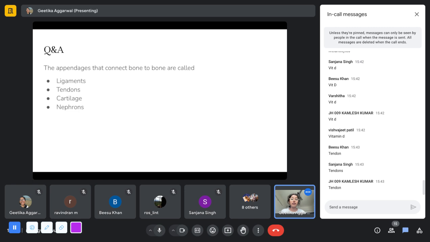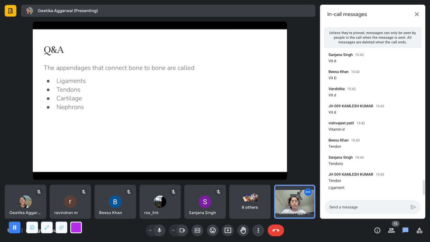And the other one, the appendages that connect bones to bones, these are called ligaments. Correct. So, muscle to bone is done by tendons, and bone to bone is basically ligaments.